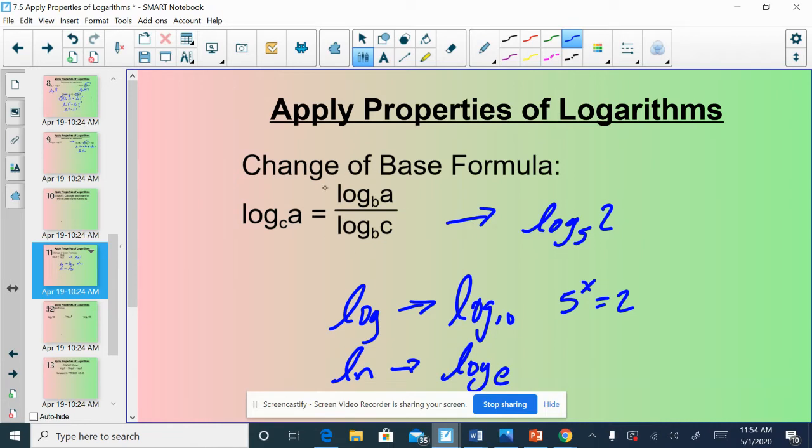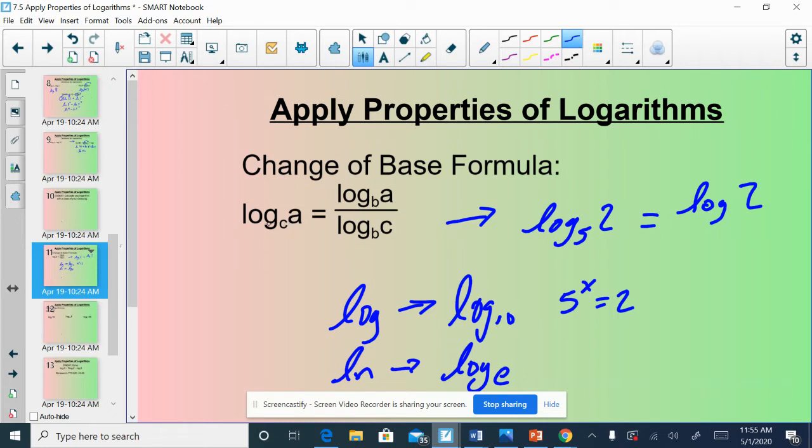We can use this thing called the change of base formula to type this into our calculator in a kind of tricky way. So I'm going to do this following this formula. Log base 5 of 2. Notice 2 is the full size number. The full size number gets put into the numerator. So this is the same as log base b, I'm just going to leave that blank for now, of 2.